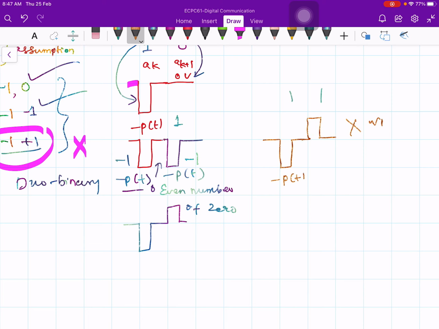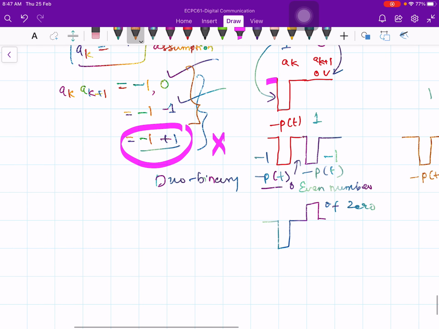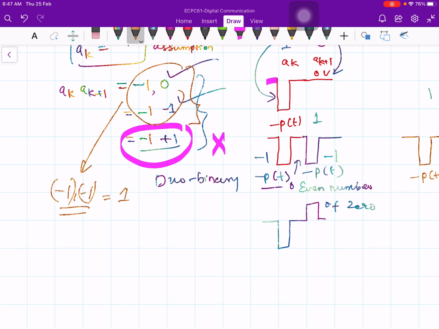This is wrong as per the duo binary line coding scheme. So I cannot use it. Therefore, only these two combinations are going to contribute. And out of these two combinations, which will give a non-zero value? This minus 1 comma minus 1 will give the non-zero value. Minus 1 times minus 1 is equal to plus 1.